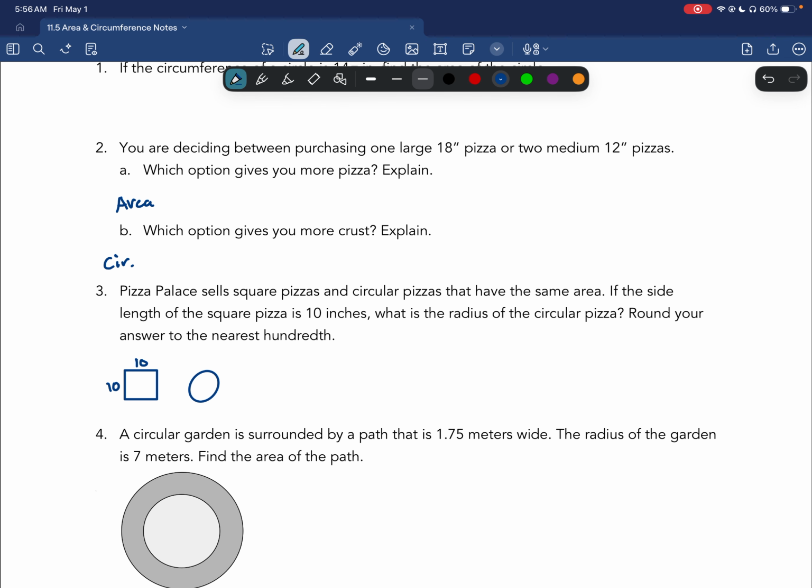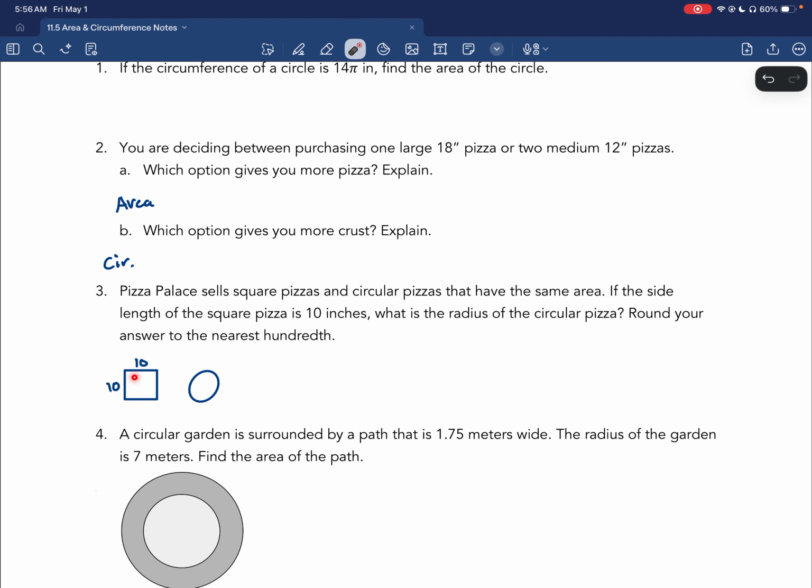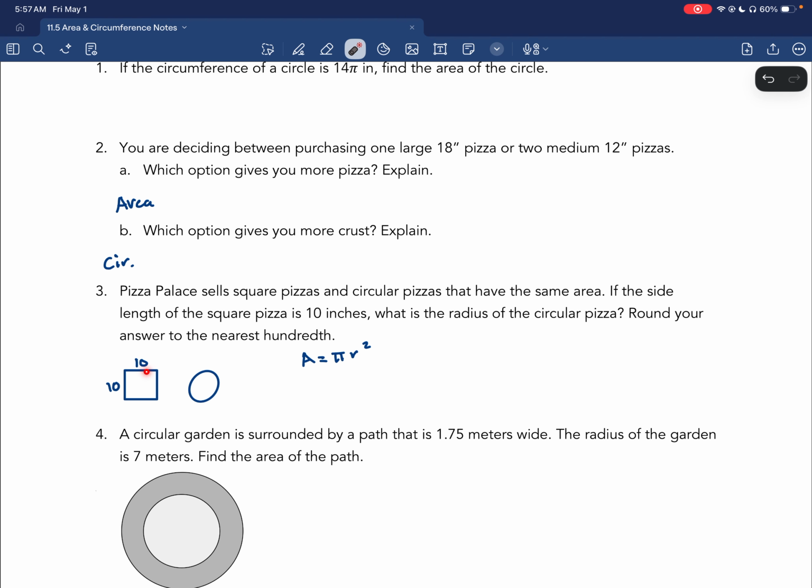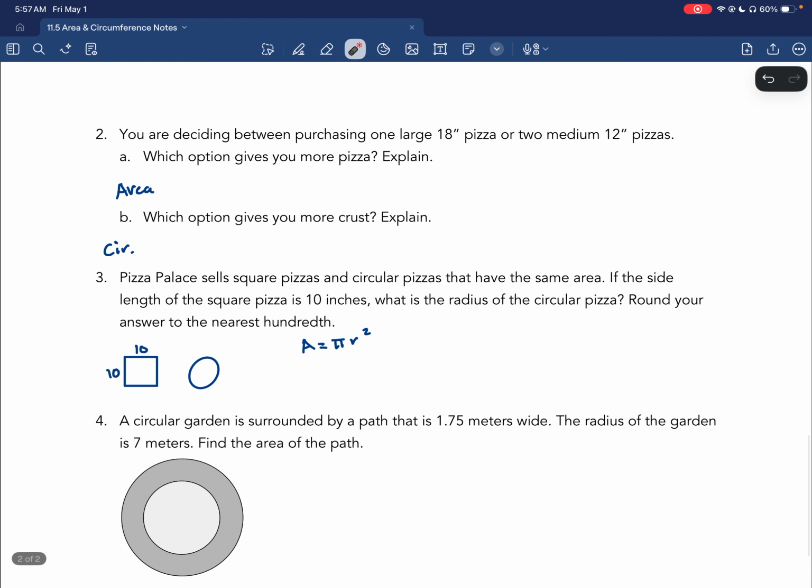First find the area of this square pizza. Hopefully you remember how to do that. Then use your area equation, A equals pi r squared. When you know the area of the square, plug that in for the area of the circle because they have the same area. Then get r all by itself, and that will give you the radius.